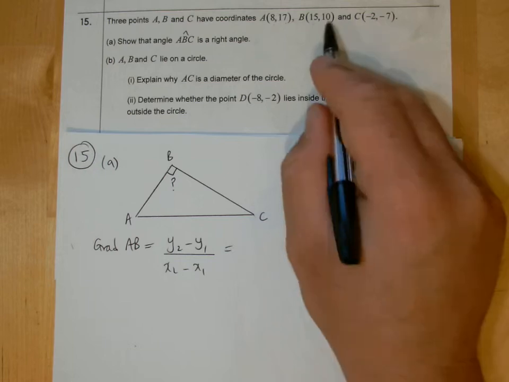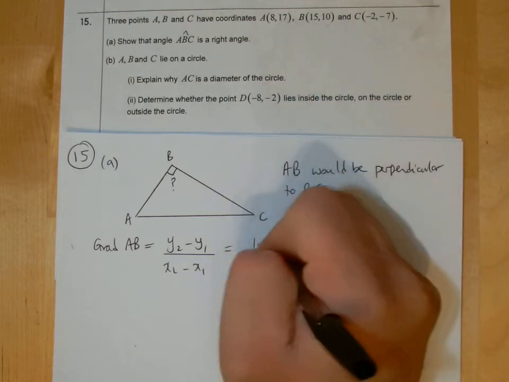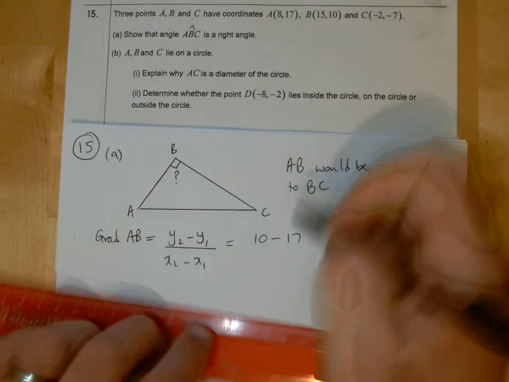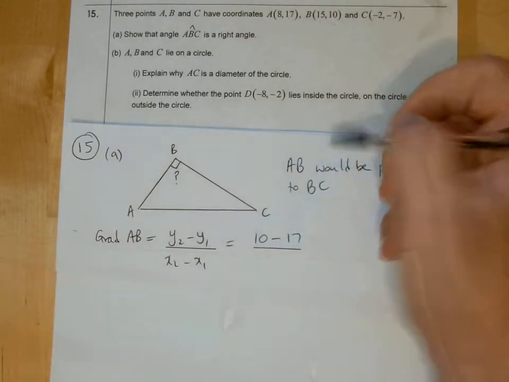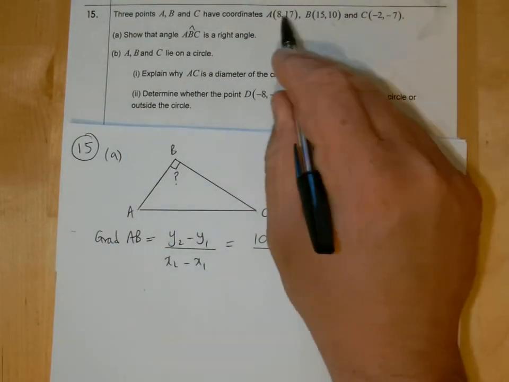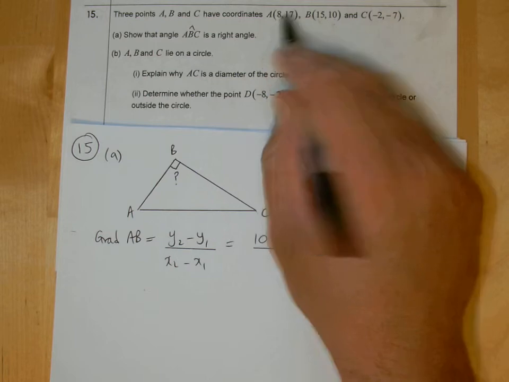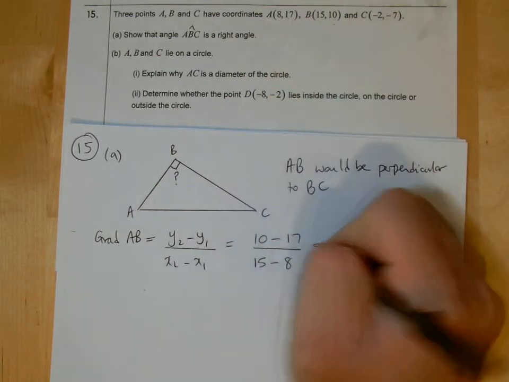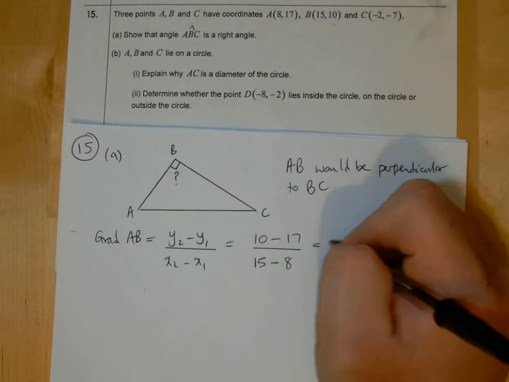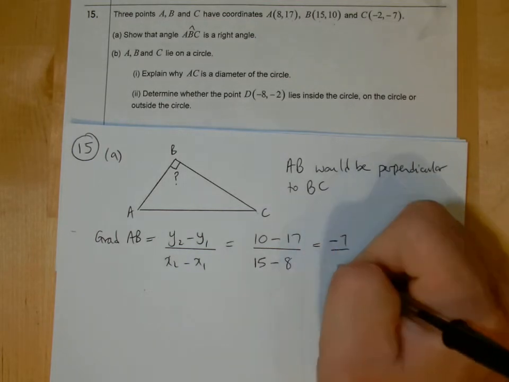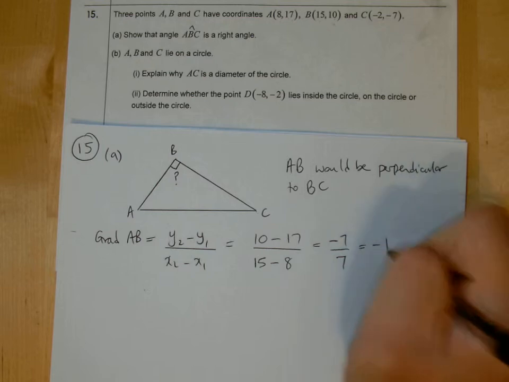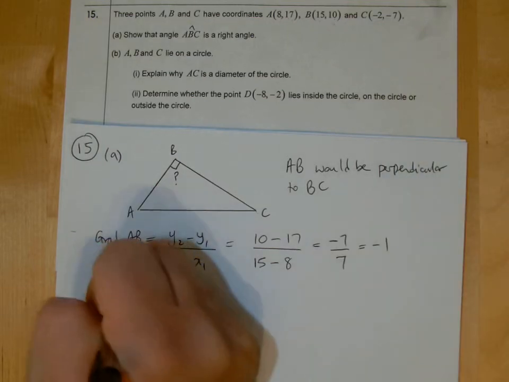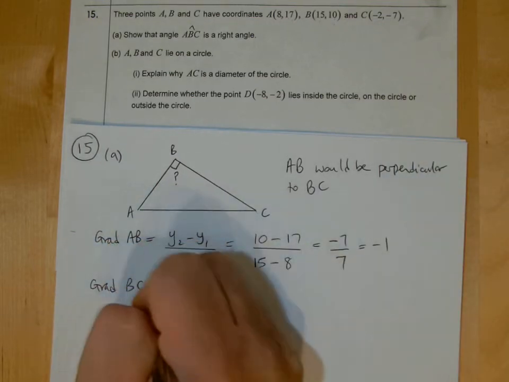So it'll be 10 take away 17. Be consistent, so I did 10 take away 17, then 15 take away 8. On the top you get minus 7, on the bottom you get 7, so that equals minus 1.